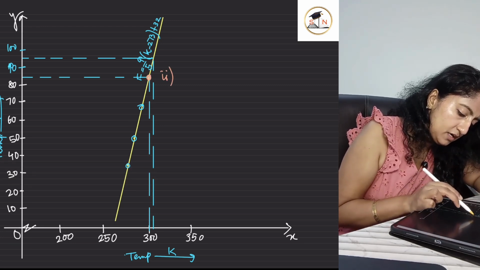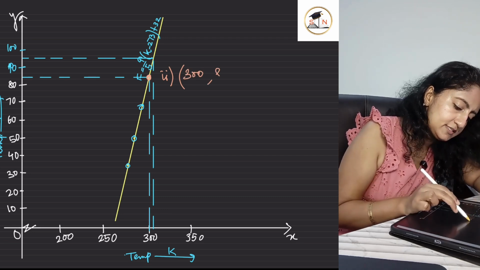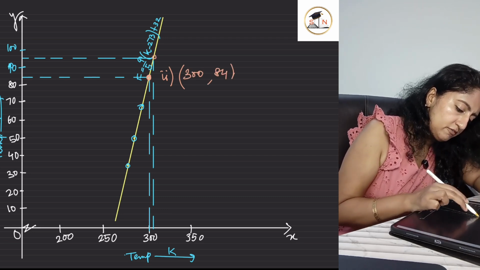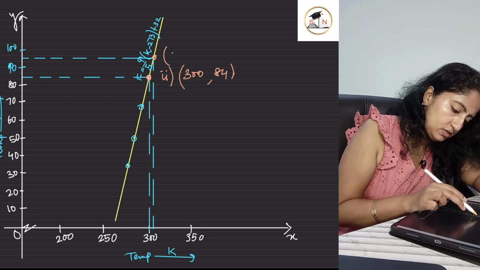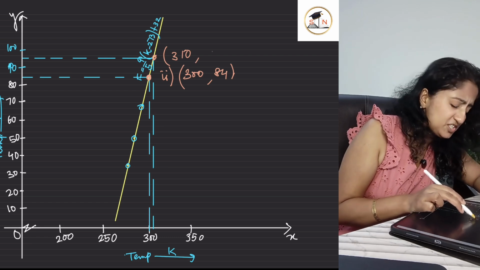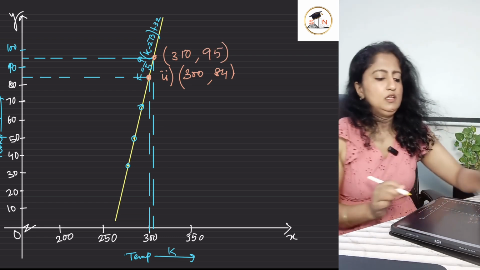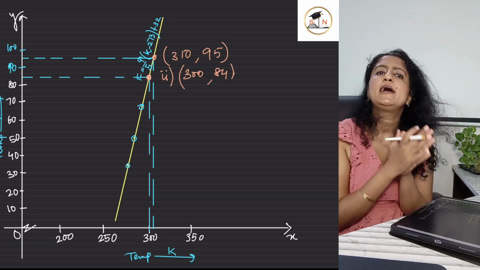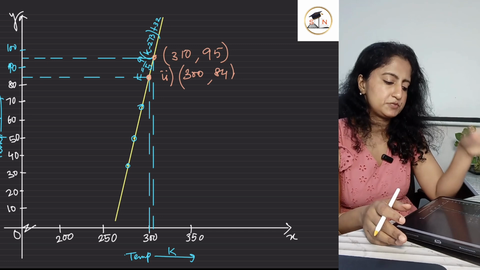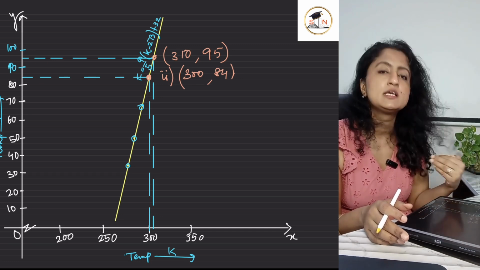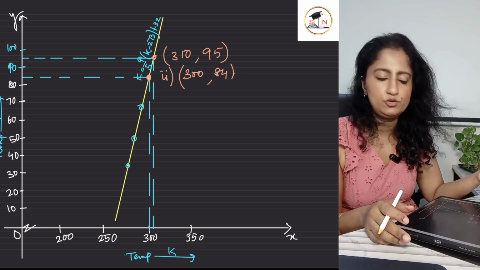This is the second part. The answer is 300, and what we get over here is nearly 84. The value over here, it is coming around 310. I'm just taking an estimate. And what was it over here? 95. So the roughly answers that I have written, when you do with the help of calculation, with the help of substitution in the equation, the answers may differ. Okay. So that's all with respect to the second question.